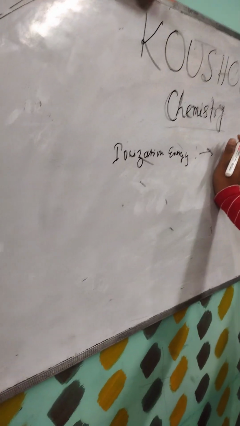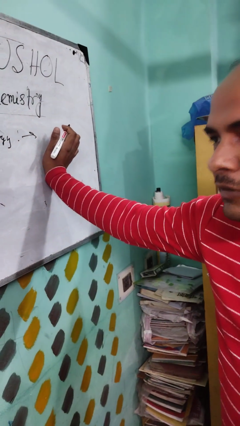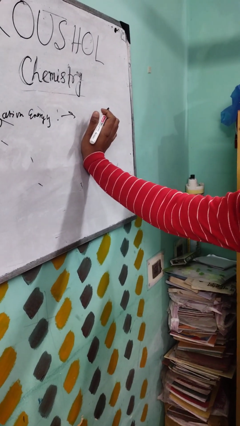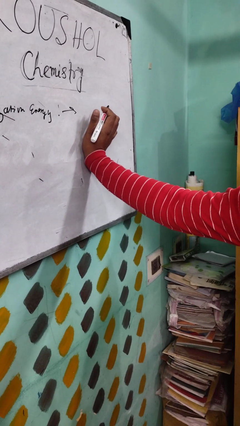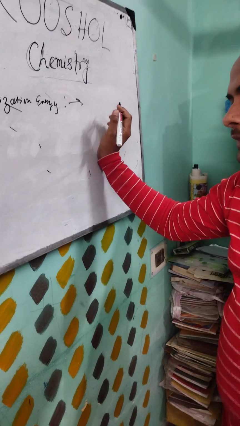What is ionization energy? Ionization energy is the amount of energy required to remove a valence electron from the outermost shell to convert it to a unipositive cation. Let's see how the reaction takes place.